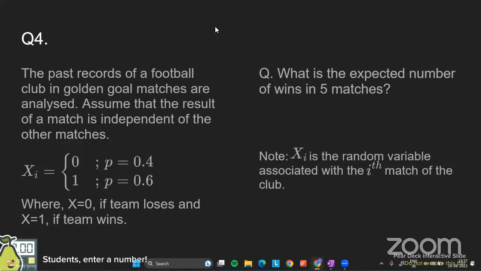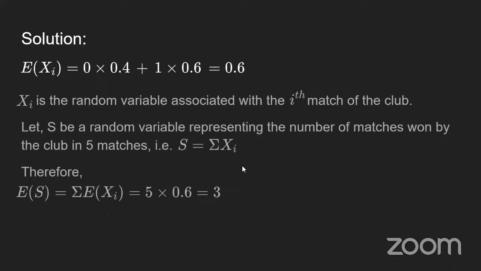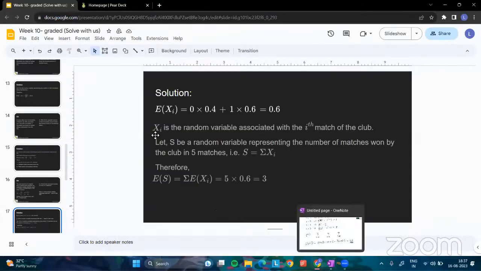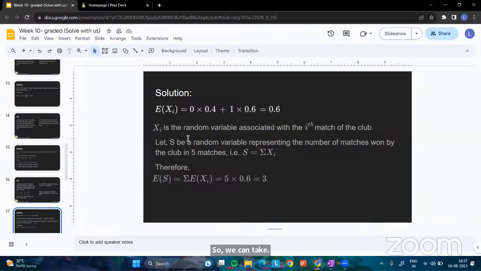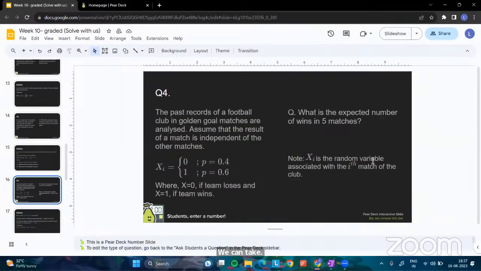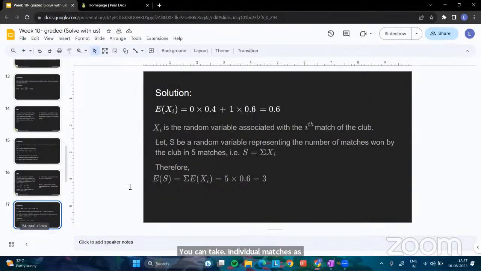So we will discuss this question now. This is the information for one match. We have to find the expected number of wins in 5 matches. So what we can do is take individual matches as Xi, and there are 5 matches, so there can be X1, X2, and so on until X5.